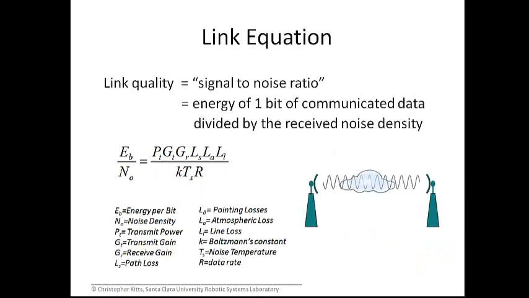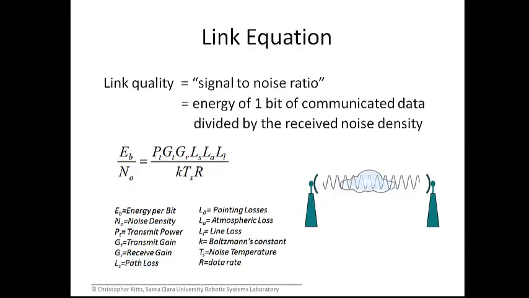So the link equation itself is this notion of signal-to-noise ratio, but a little more precisely, it's the energy in 1 bit of communicated data divided by something called the received noise density. This is our expression of noise. You can see our equation there, which may not make a lot of sense here to begin with, but there it is.